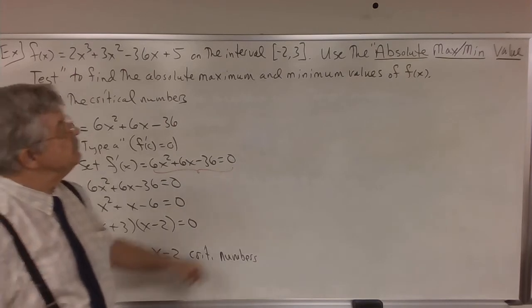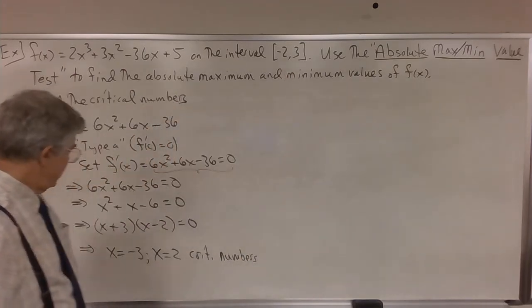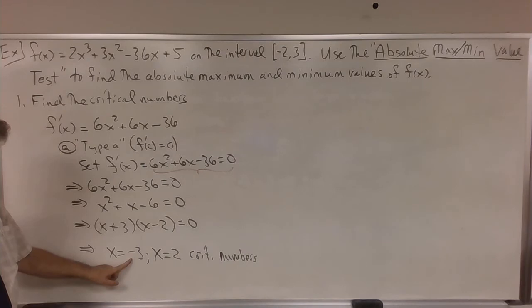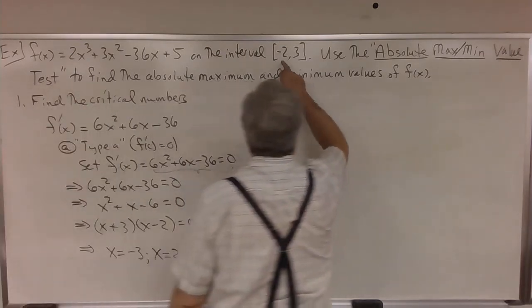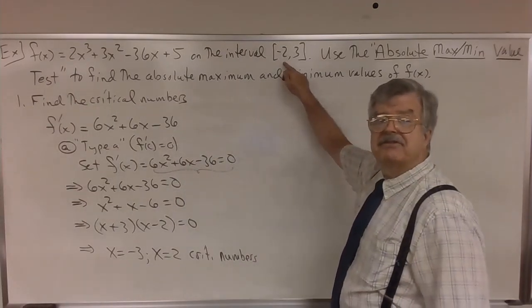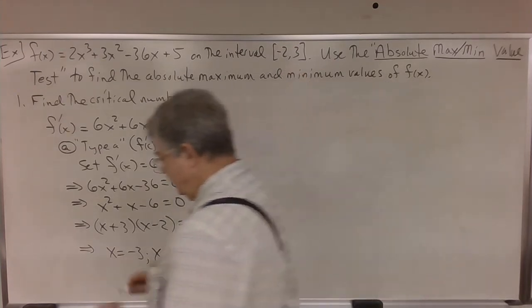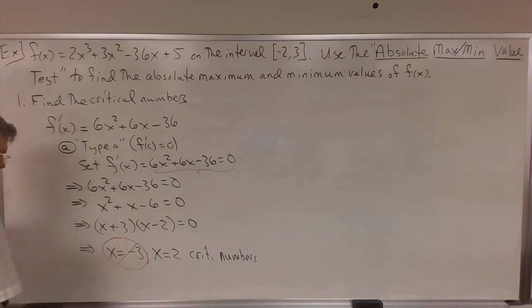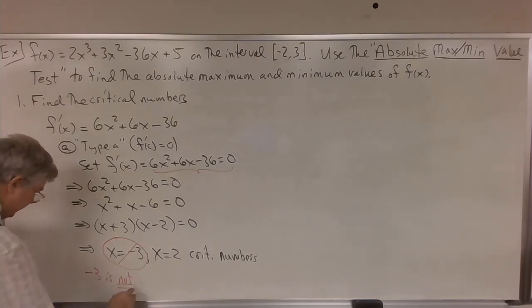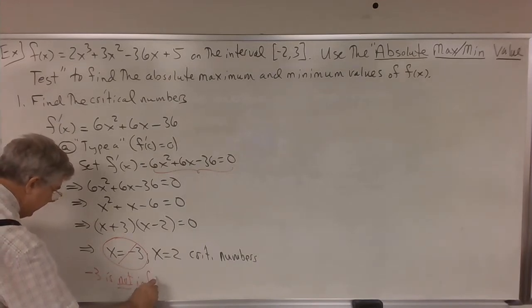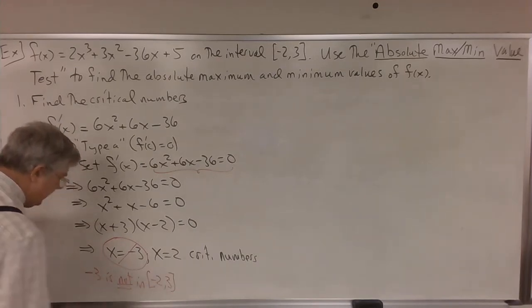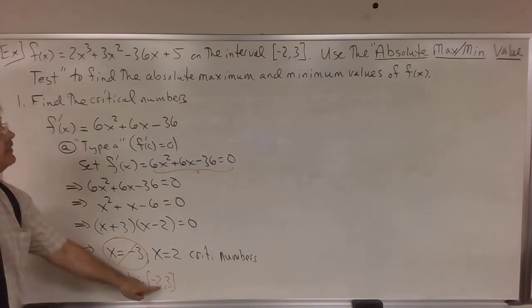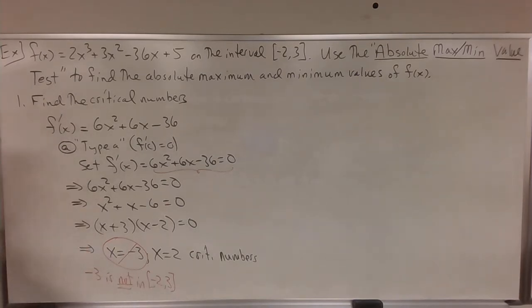X equal 2, yep, that's in there. X equal negative 3, oop, big problem. X equal negative 3 is not in this interval. So it was a candidate for critical number, but we're going to have to disallow it. Negative 3 is not an element of this interval. We have to throw it away.